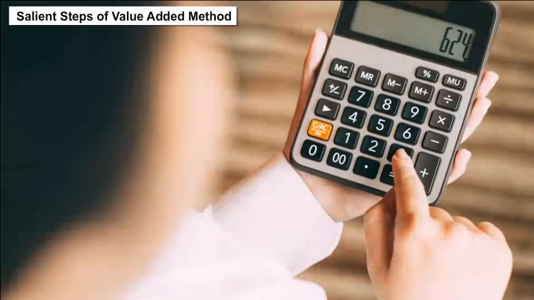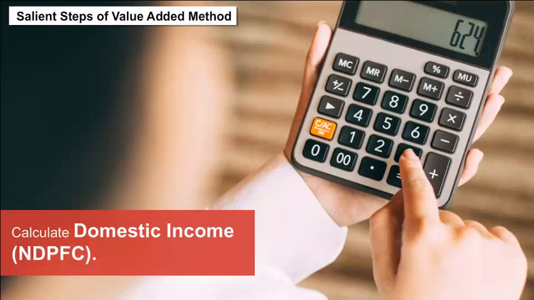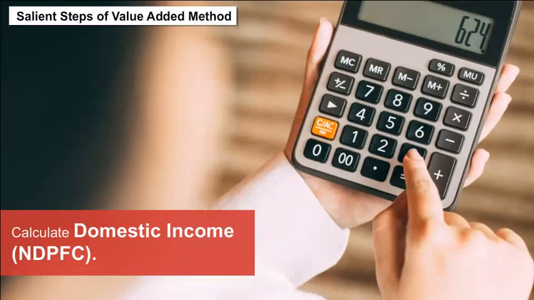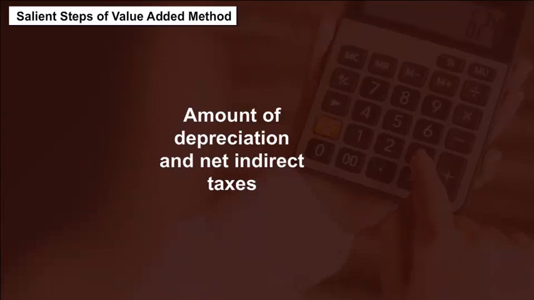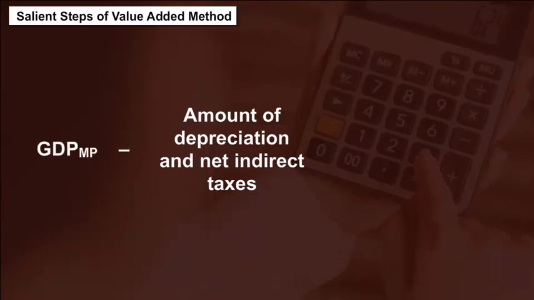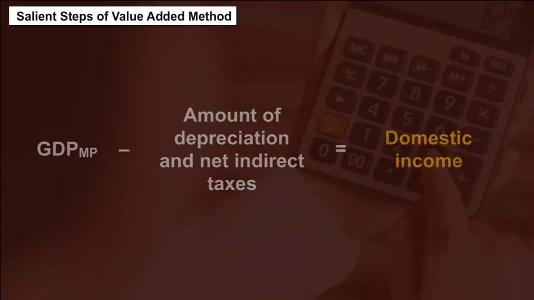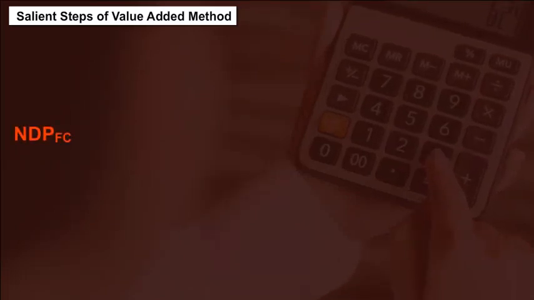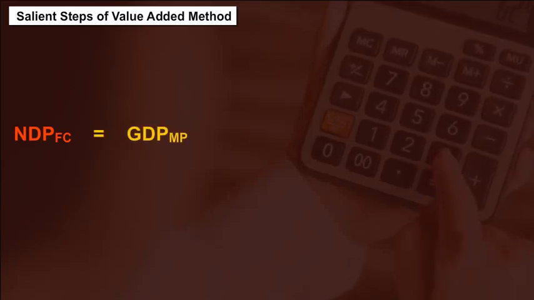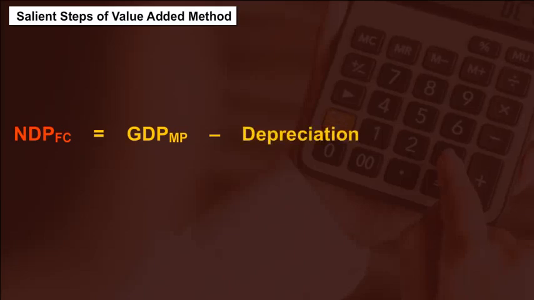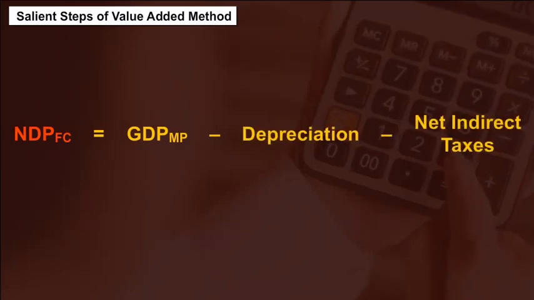Step 3. Calculate domestic income, NDP-FC. By subtracting the amount of depreciation and net indirect taxes from GDP-MP, we get domestic income, that is, NDP-FC equals GDP-MP minus depreciation minus net indirect taxes.